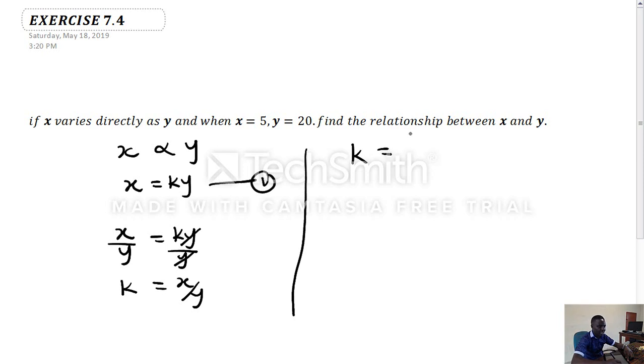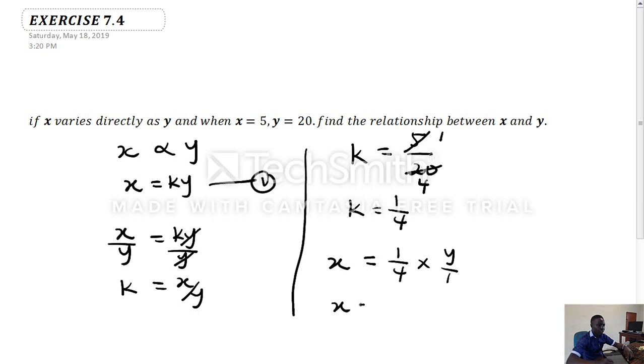We are told that x is equal to 5 and y is equal to 20, so you have to simplify it further. 5 is a factor that can divide 5 and 20, so 5 into 5 is 1 and 5 into 20 is 4, so that our value of k becomes 1 over 4, which we then resubstitute into equation 1, giving us x is equal to 1 over 4 times y over 1, where when you simplify you have x is equal to y over 4 as your relationship between x and y.